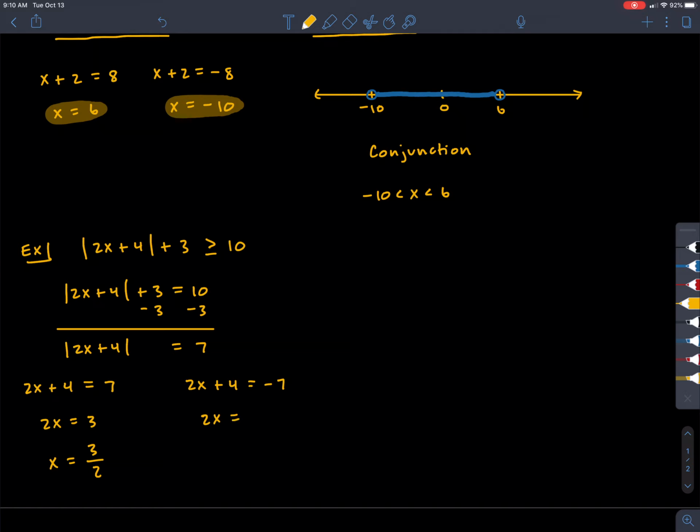2x is equal to negative 11, so x is equal to negative 11 halves. So those are the two solutions. Now I'm going to go through my number line. Because this is greater than, this is representing a disjunction.